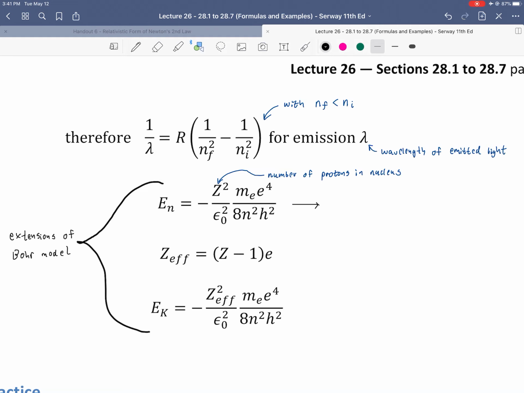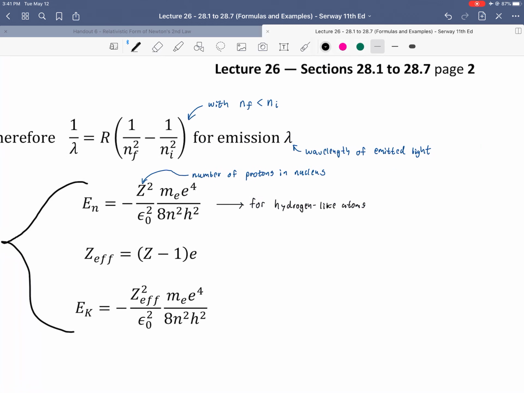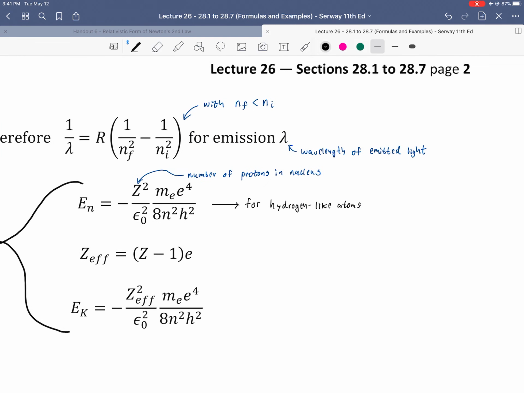So it only works for hydrogen-like atoms with only one electron remaining. All right, so there you go.